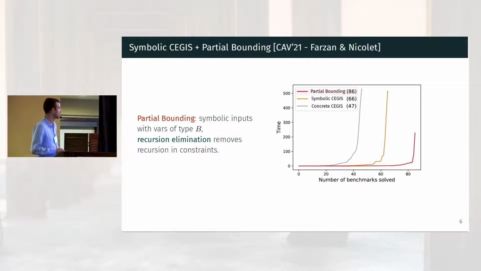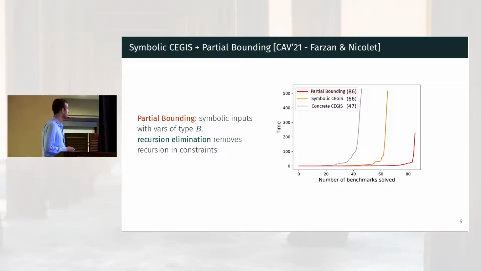And last year at CAV, we presented a paper in which we argue that you don't necessarily need to bound everything in the symbolic inputs. You can leave some unbounded variables, and then apply a procedure that eliminates the recursion not in the input term, but in the constraints that we compute from these terms.